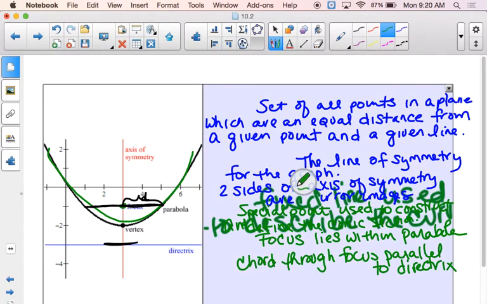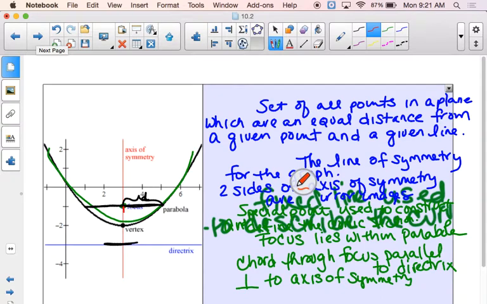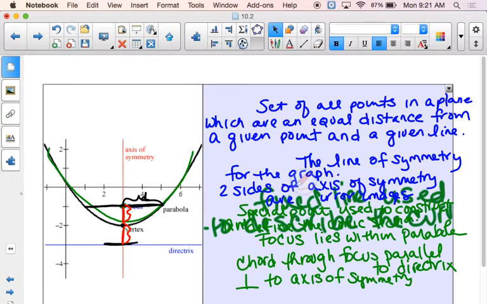It's perpendicular to the axis of symmetry and doesn't touch the parabola. See, it's always the same distance, and what you'll notice is that the distance from the vertex to the focus and to the directrix is always the same. Those are congruent.